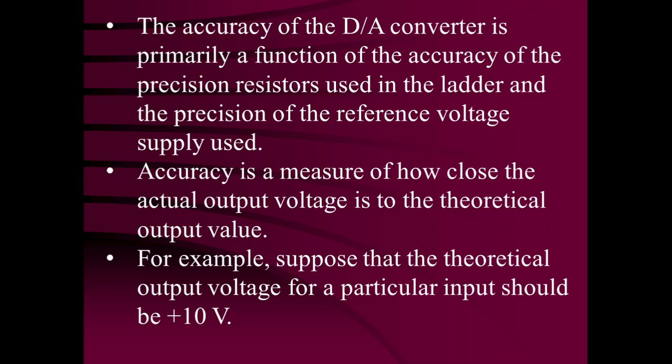That means if you are utilizing a perfect 1 kilo ohm resistance, the variation of this resistance should be minute, because you are using so many 1 kilo ohm resistances, and each resistance will not be exactly 1000 ohms. If the tolerance of that resistance is 10%, then it may vary from 900 ohms to 1100 ohms, anything in between, and hence the D to A accuracy is going to suffer.